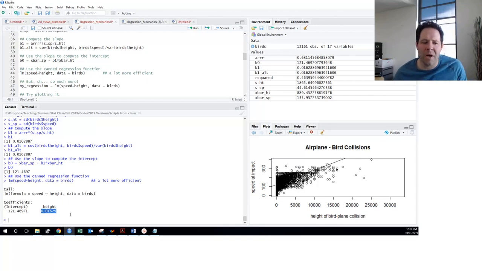It's something to keep in mind when you're interpreting regression output: it won't say this is a slope, but when you estimate a regression, that's what you're estimating. That coefficient on height is the slope on height. Kind of cool that it matches exactly what we had here, just with different significant digits because it's going through this function.